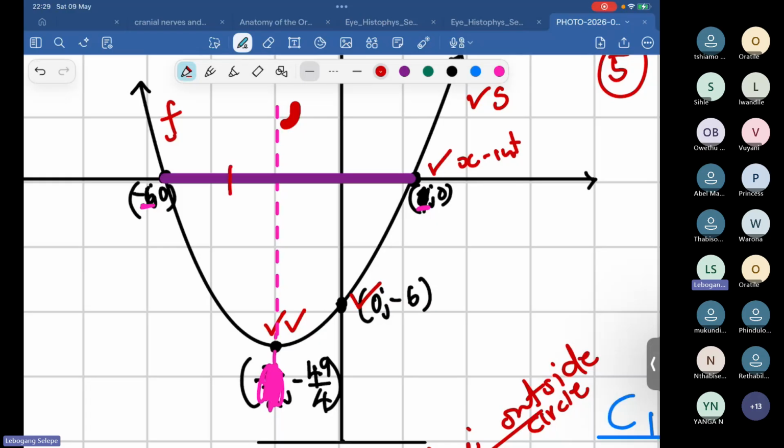So it's basically determining the x value of the midpoint. You take extreme 1 plus extreme 2, you divide by 2. So that's how we can do it.